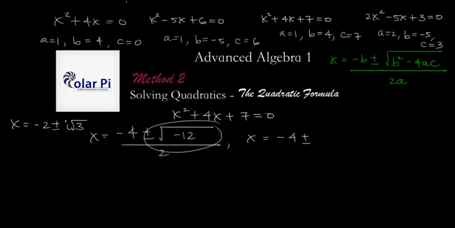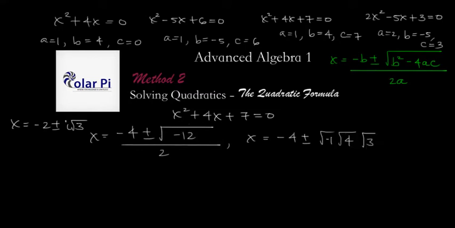Now this guy we need to simplify, and this is how we could do it. We could write square root of negative 12 as the same as square root of negative 1, which is i, times square root of 4, which is 2, times square root of 3. And we can do this because the square root rules allow us to do this, and this will help us simplify, right? And obviously, negative 1 times 4 times 3 is negative 12, so we're good.